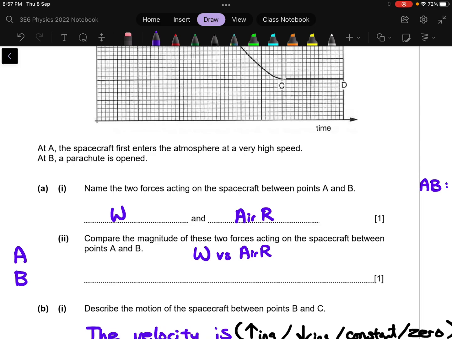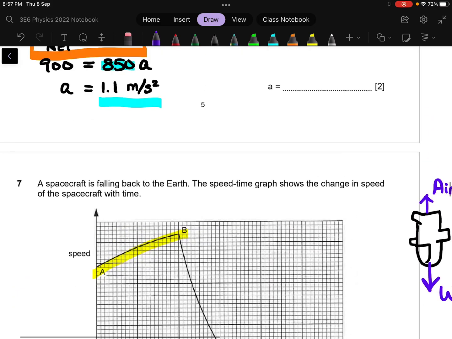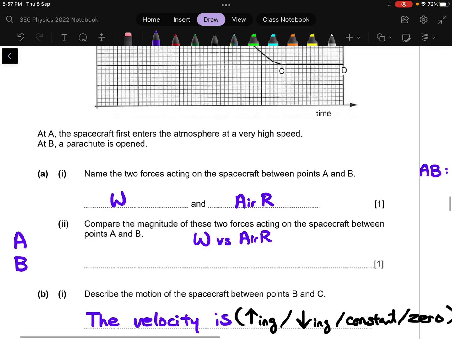Like, at A and B, the weight is going to be constant. At A, because the speed is lower, the air resistance will be lower. At B, the speed is higher, so air resistance is higher. Actually, that is not my intent, but I give it to you. It is my fault that I didn't tighten the interpretation of the question.